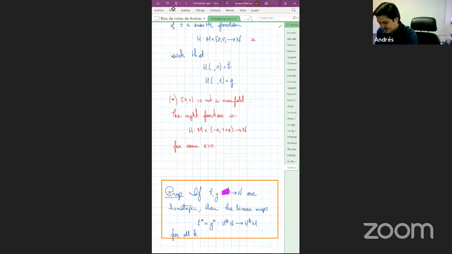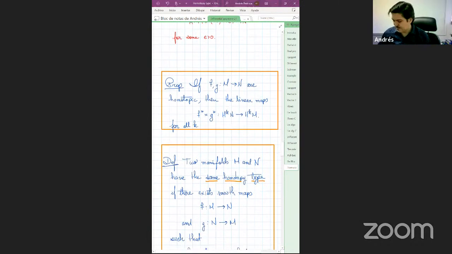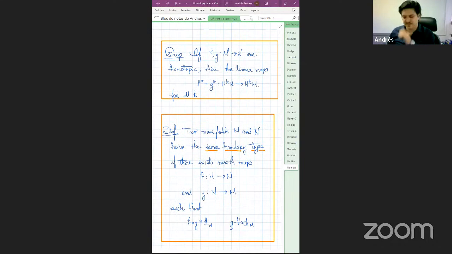Right. I'm not going to prove this proposition. We will prove something else. And let's see now this definition. This is the concept that we were aiming at.